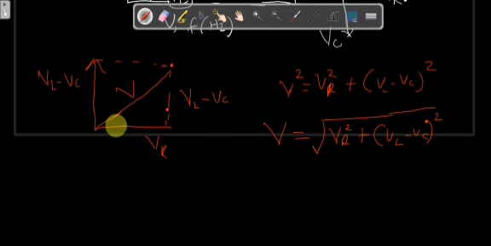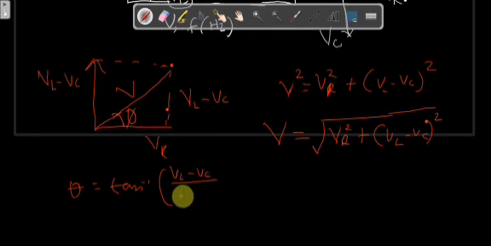Next, this is going to be the phase angle phi. To get the phase angle, we can use tan. The phase angle is equal to arctan of VL minus VC divided by VR.